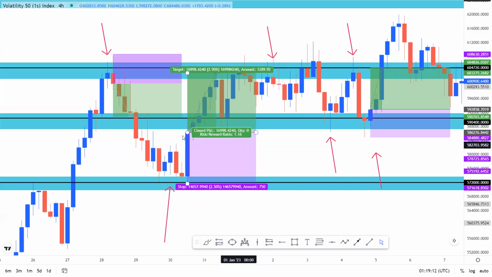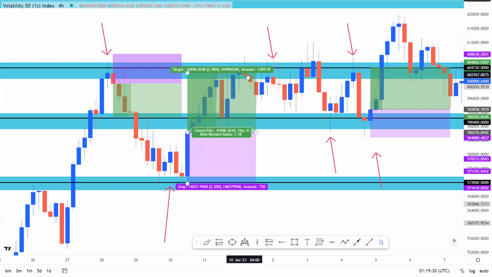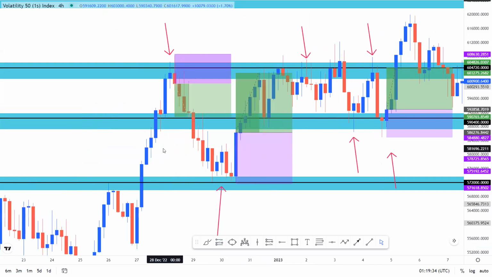As you can see, at the close of the momentum candlestick, price rallied all the way up, giving us nice confirmations for long. I would have ended up being a winning trade.